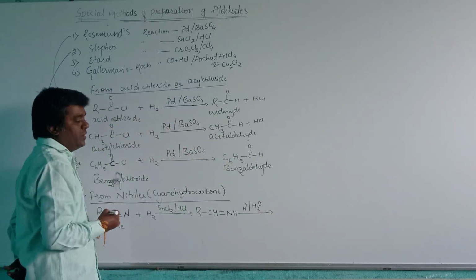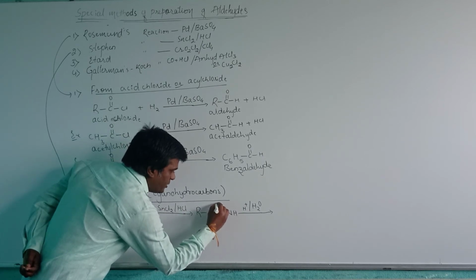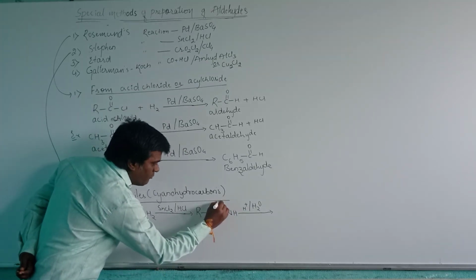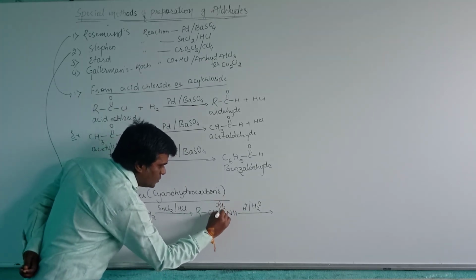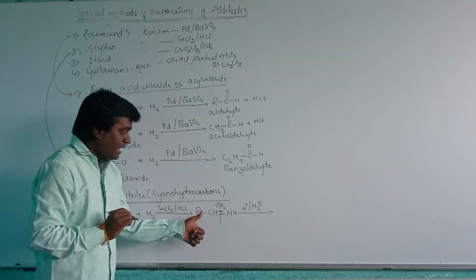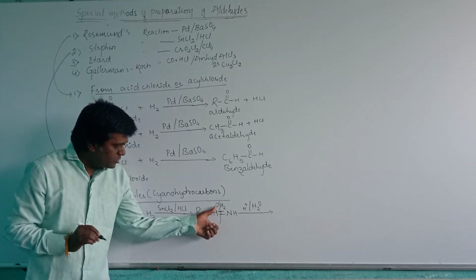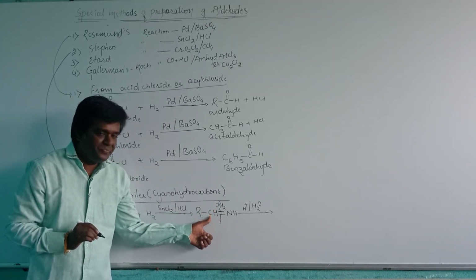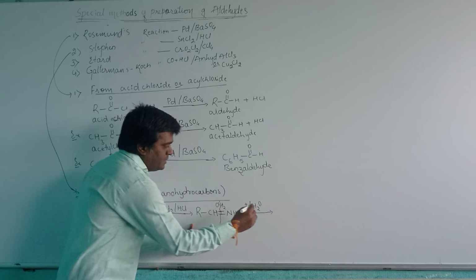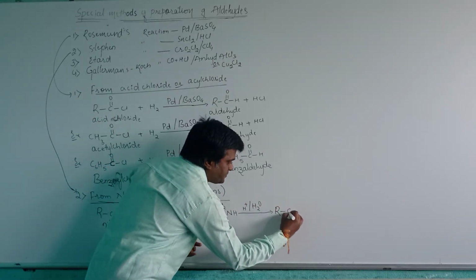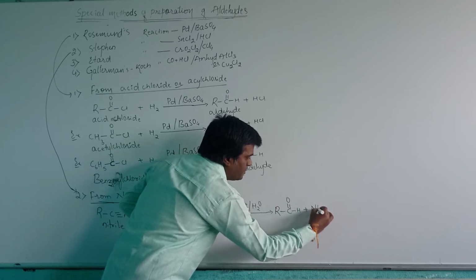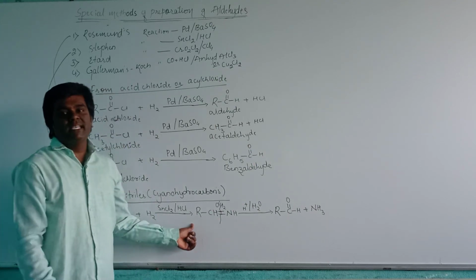In this acid hydrolysis, a water molecule breaks down. The oxygen is added to the carbon atom and two hydrogen atoms are added to the nitrogen, and it gets converted into an aldehyde, R C double bond O H, plus the remaining byproduct, ammonia, that is NH3.